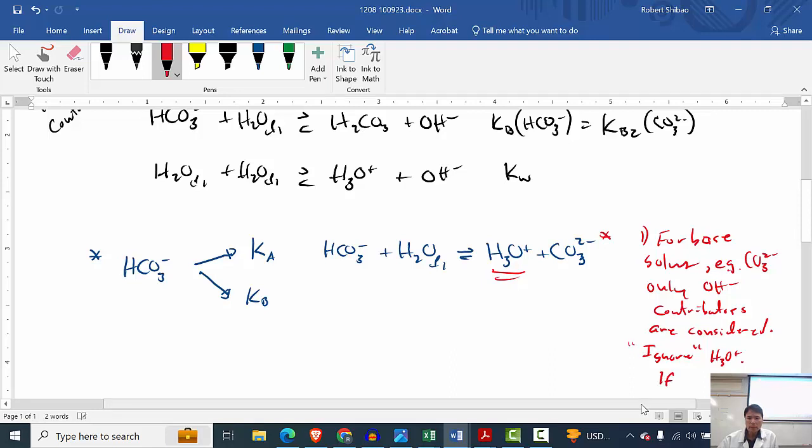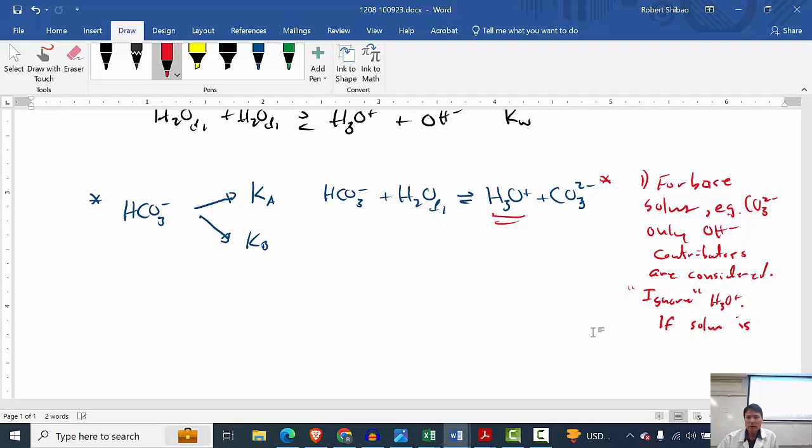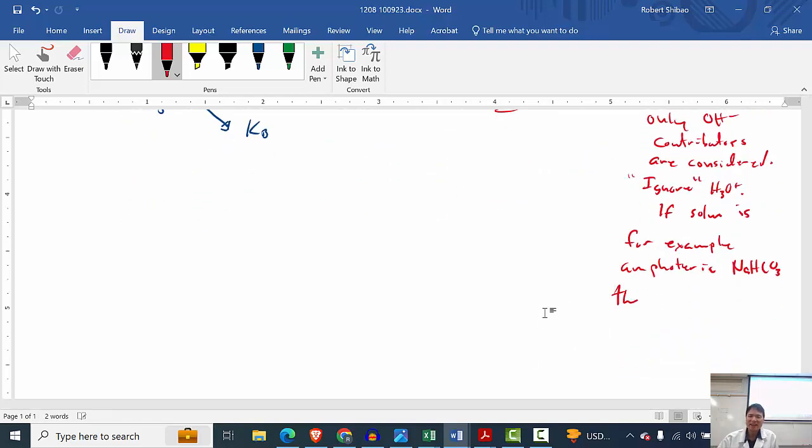Two, if the solution is, for example, amphoteric, sodium bicarbonate, then we must consider both Ka and Kb, and one other one, and that's Kw.